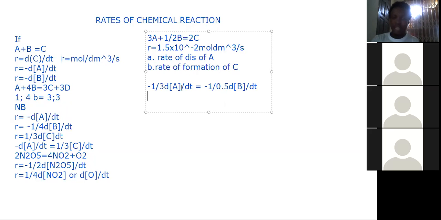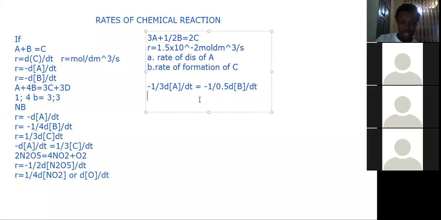We can let the dA dt stand on its own by multiplying. Already both of them are negative, so the negatives will cancel. And so then we get 1 all over 3 dA dt is equal to minus 1 all over half dB dt. Then we want to make A stand on its own, but negative 1 all over 0.5 is 2.